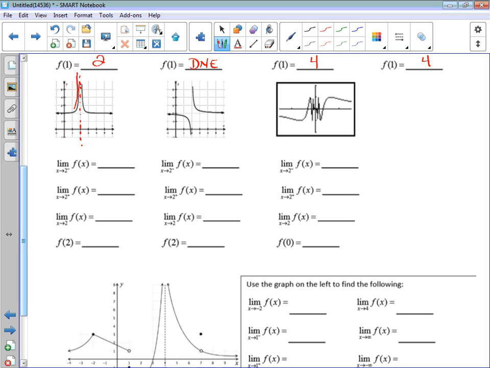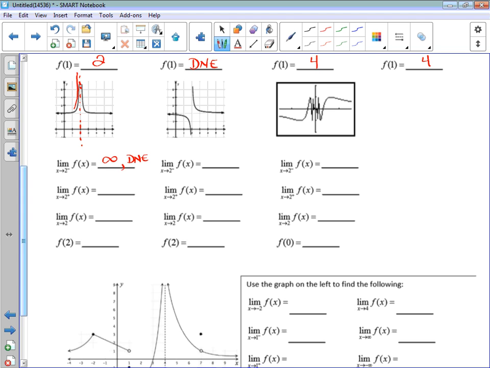Infinity. Now, is infinity a defined value? No. So what else do I need to say with this infinity? Does not exist, actually. You need both of those pieces. The limit itself does not exist, but you can tell me the direction that the graph is heading.